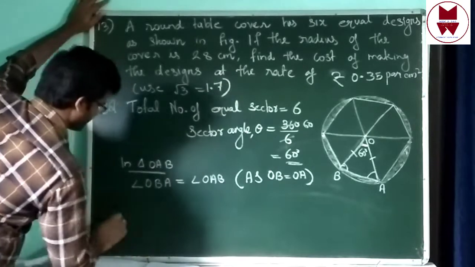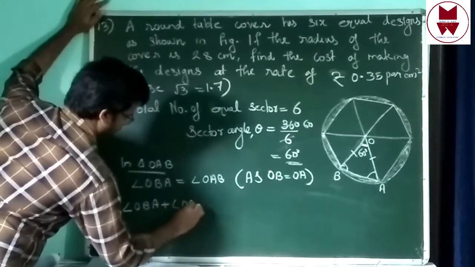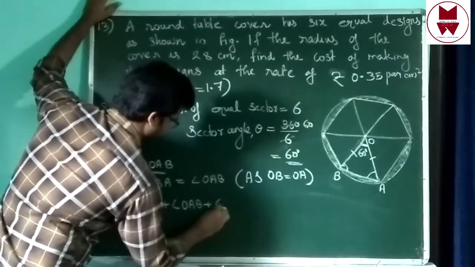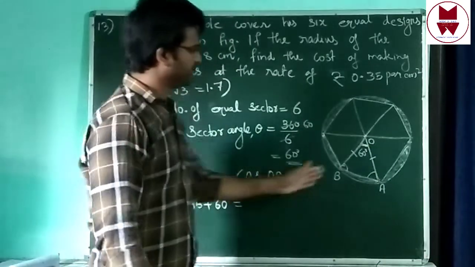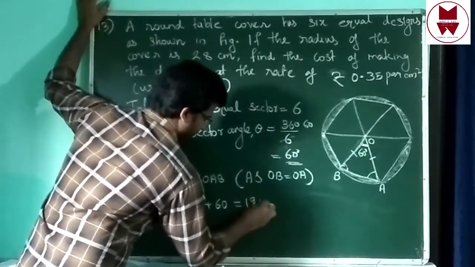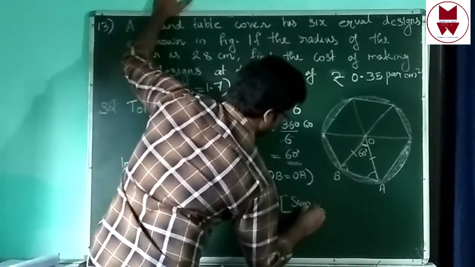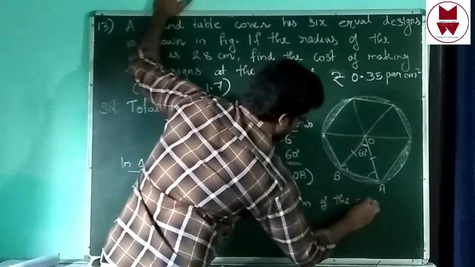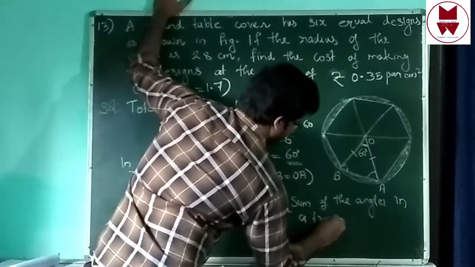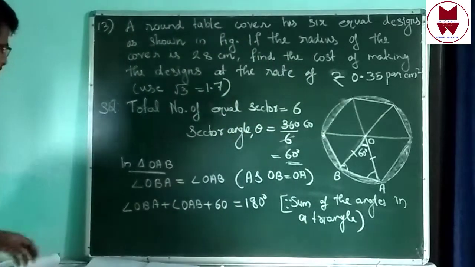Then angle OBA plus angle OAB plus the third angle 60 degree equal to, if you add three angles in a triangle, you will get 180 degree. Sum of the angles in a triangle is 180 degree.